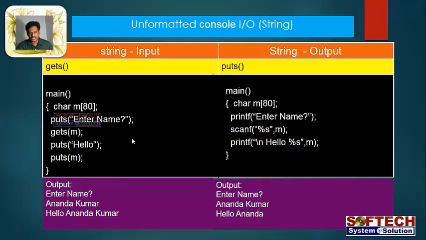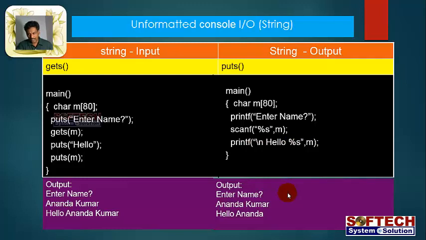In gets, a single line is one input. Ananda Kumar, we can give any number of words, and this is a single input to gets. If we press enter, it understands this is the end of the input. In scanf, the enter key does not indicate the end of input.